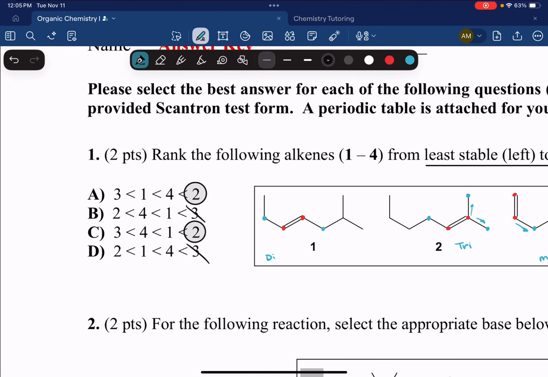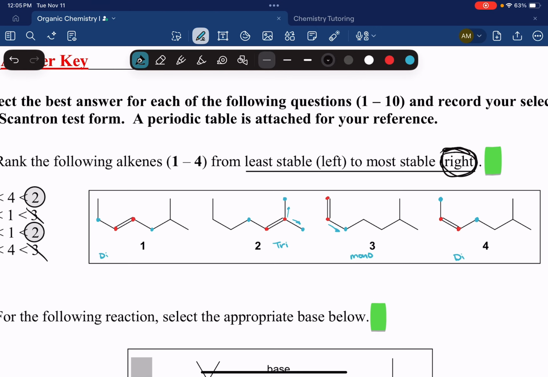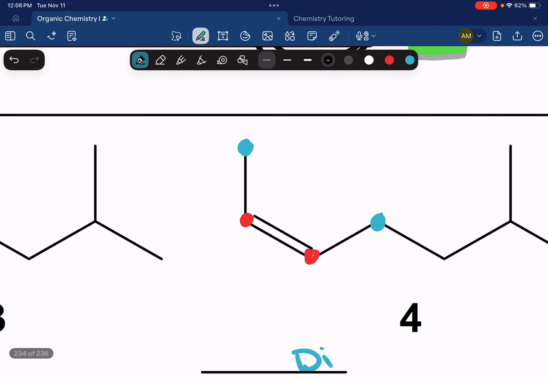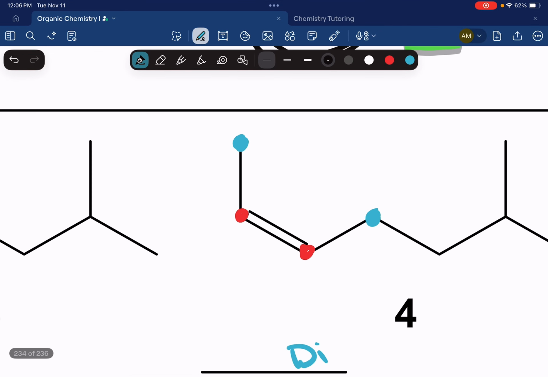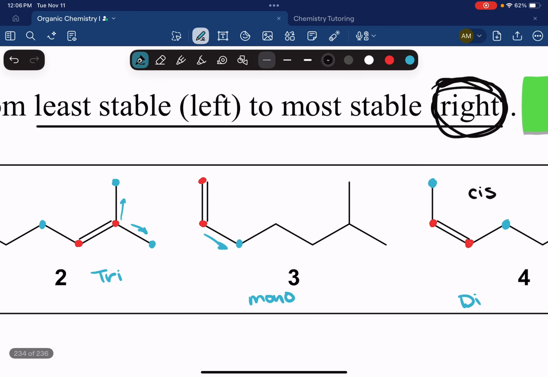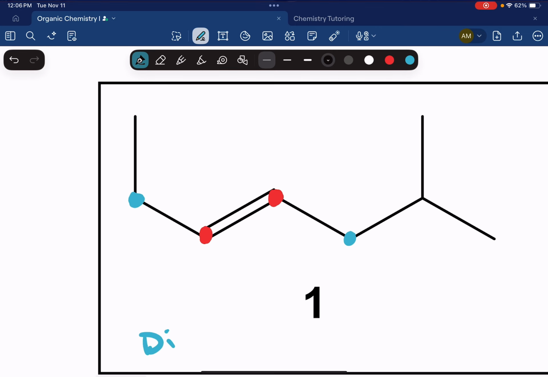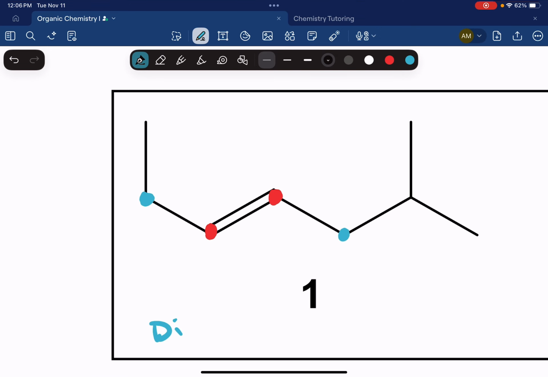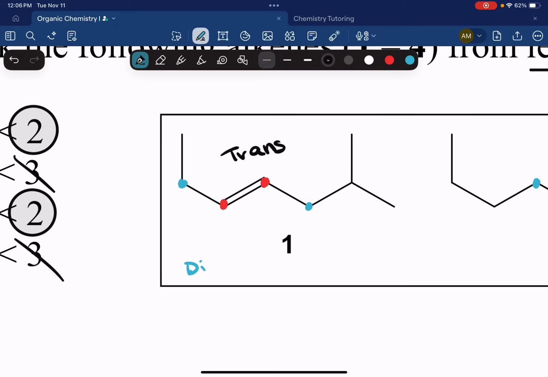Okay. Now, we've got 2 disubstituted that are going to be the next stable, right? What kind of conformation is this? It's cis. What kind of conformation is this? Trans. And as we've talked about before, trans is more stable than cis.